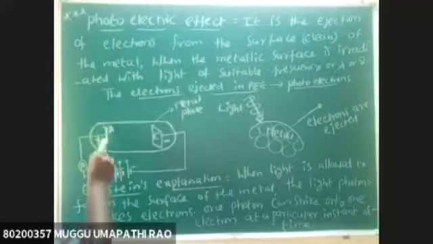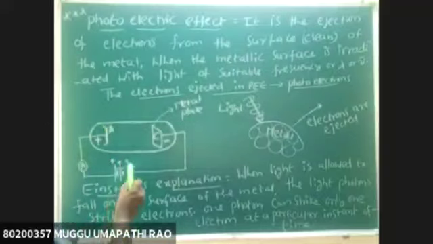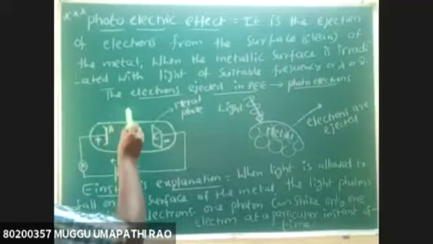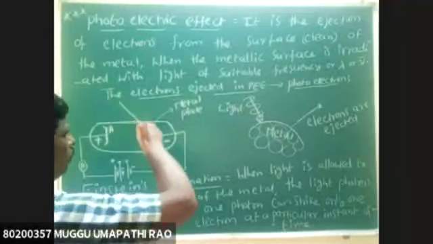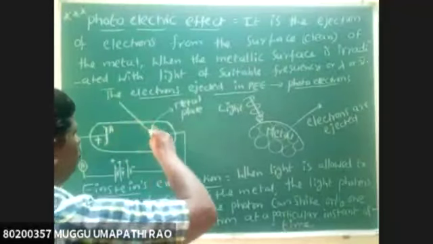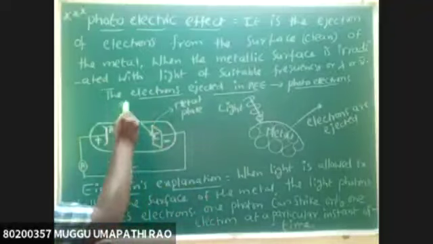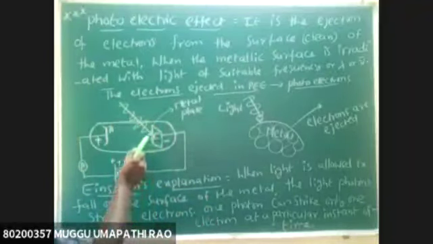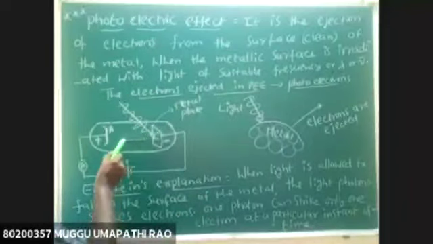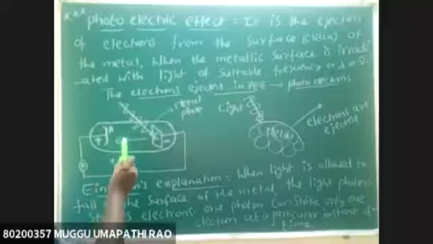When it is connected to the battery, light is allowed to fall on the surface of the metal. Then what happens? Electrons are ejected from the surface of the metal. These electrons move in this direction.